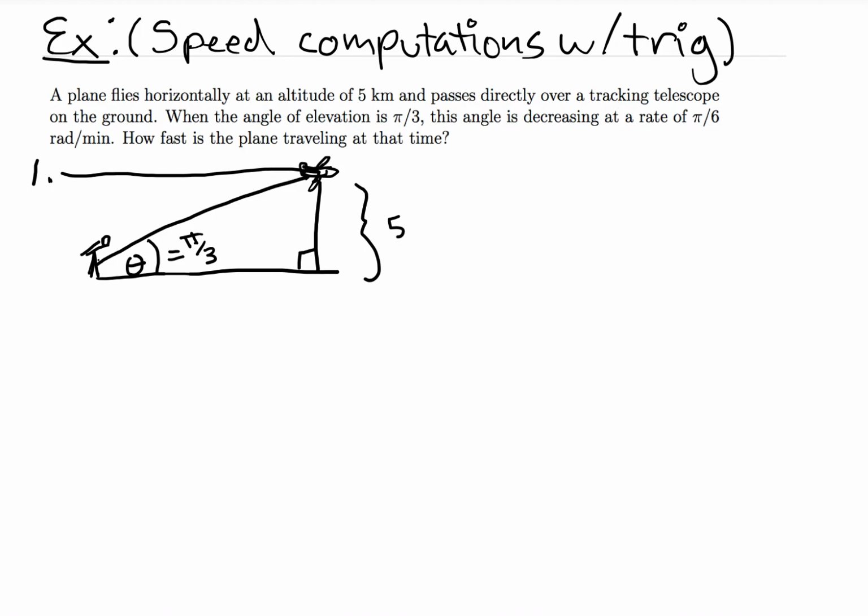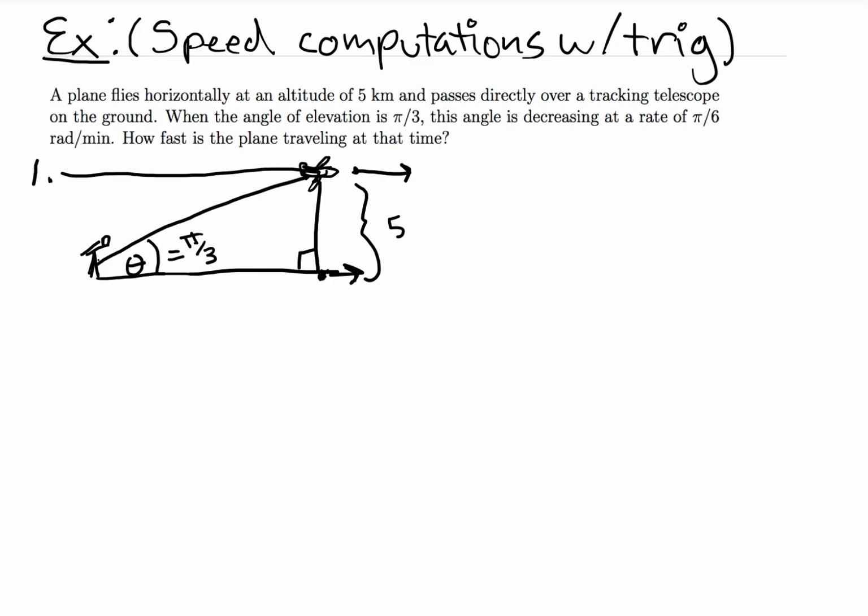What are we looking for? We are looking for the rate at which the plane is traveling. So we are interested in this motion, the horizontal motion of the plane, which is the same thing as this motion down here.